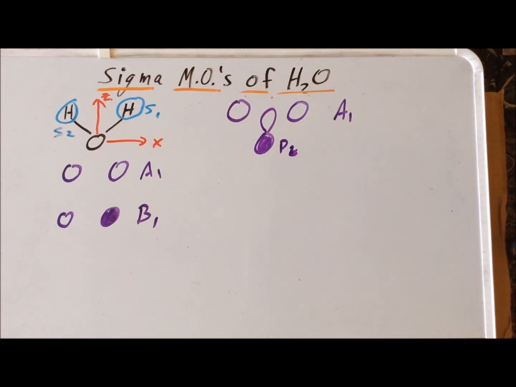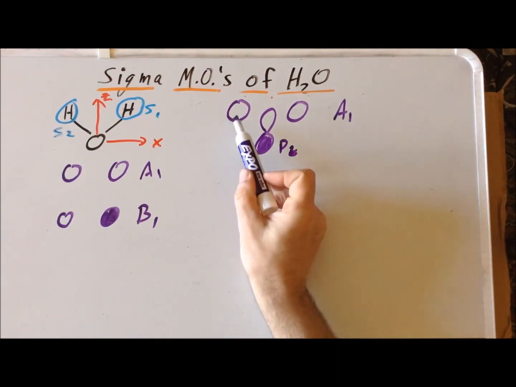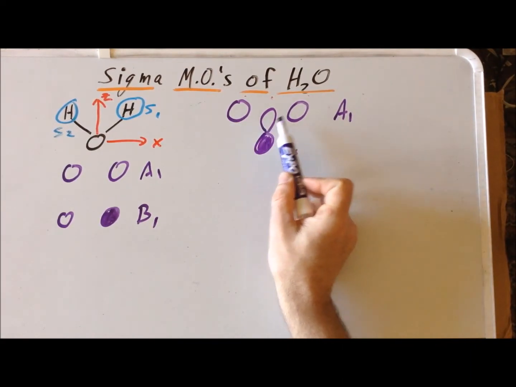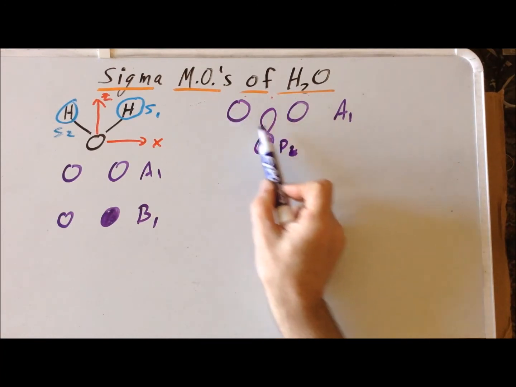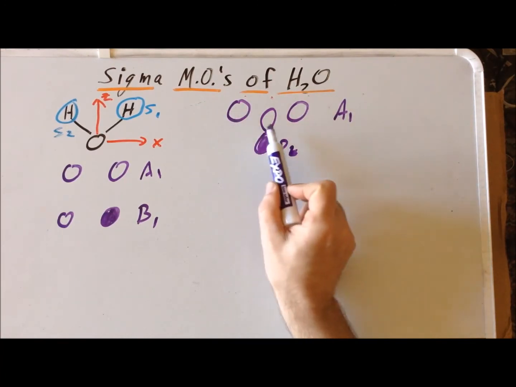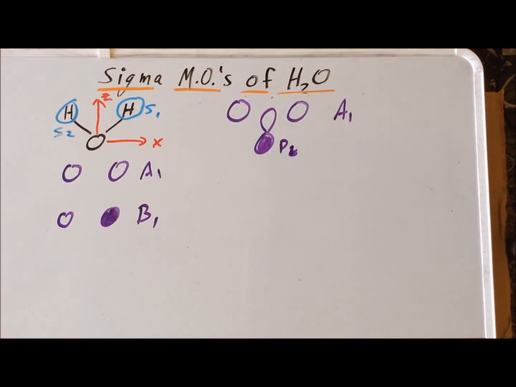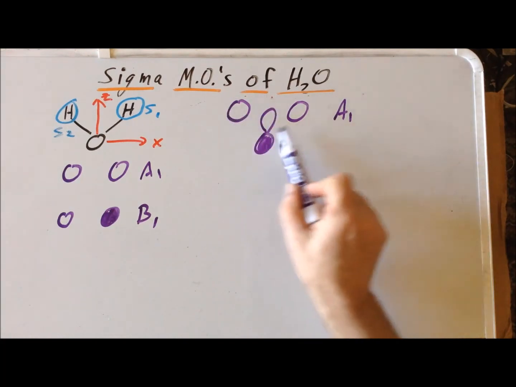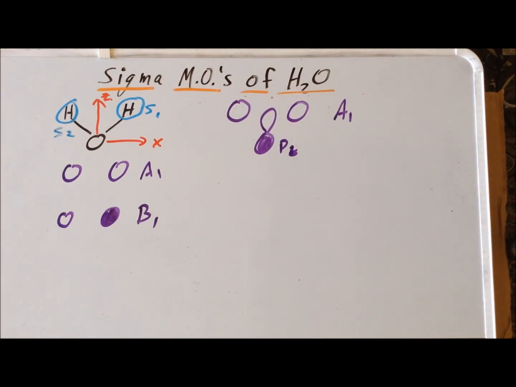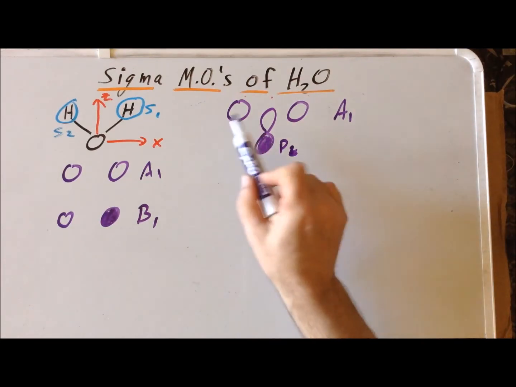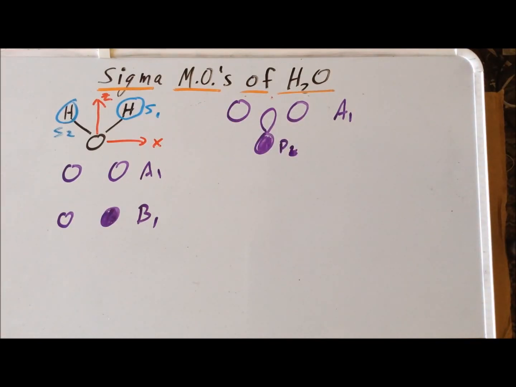So this is the pz orbital on oxygen. And we notice we have positive phase, positive phase, positive phase. So this is a bonding orbital in this direction, bonding orbital in this direction. So this is an all bonding combination for oxygen with the hydrogen orbitals.